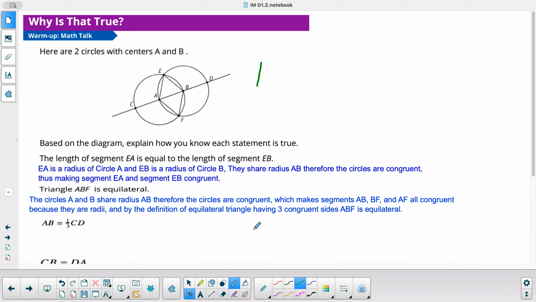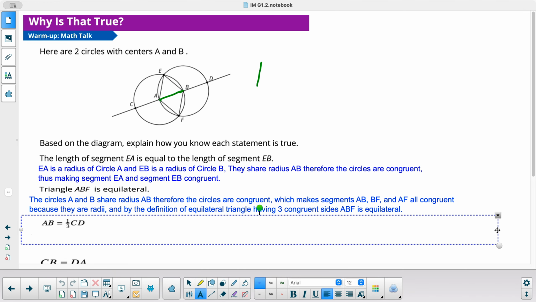How do we know AB is 1/3 of CD? If I were to trace AB, you can tell CA, AB, BD, it's 3 really. So this is 1 out of 1, 2, 3. But let's put that into words. Let's say CA, AB, and BD are all radii on congruent circles.